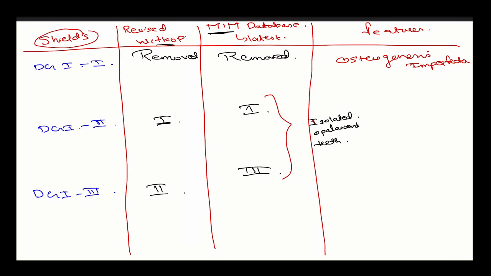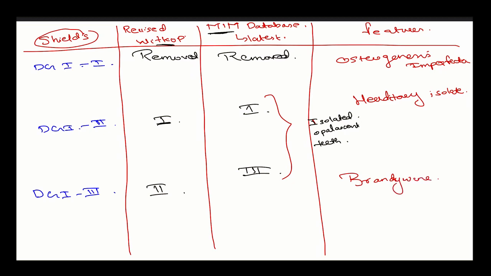Now when it comes to DGI type 2, it is also known as hereditary isolate. Okay, it's not isolated opalescent teeth. Isolated opalescent teeth is a common name for 2 and 3. But type 2 is specifically known as hereditary isolate, and type 3 is known as Brandywine isolate.